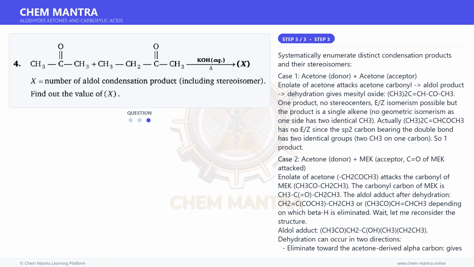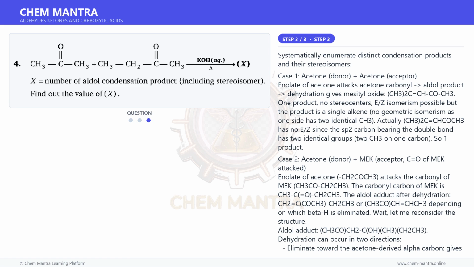B: eliminate from the CH2CH3 of the acceptor, CH3CH2COCH2C(CH3)=CHCH3, which has E/Z isomers, 2 products. So case 5 gives 4 products. But wait, some may overlap with case 6.